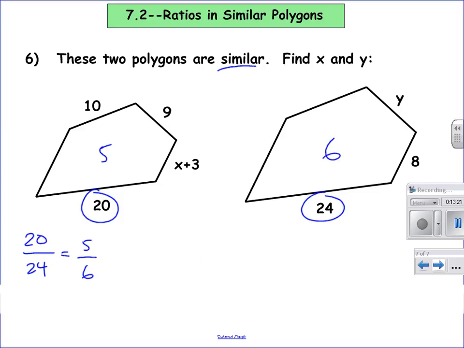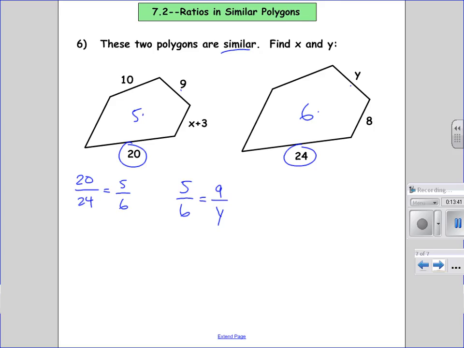Sorry, just wanted to make sure I get this right here. 5 is to 6, so here to here, as 9 is to y. So 5y equals 54, and then y equals 54 over 5. Not a great number, but that's okay.